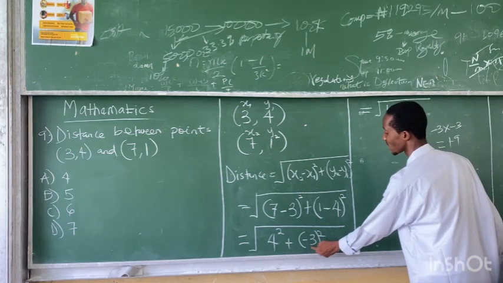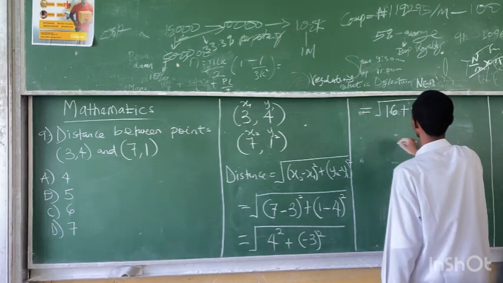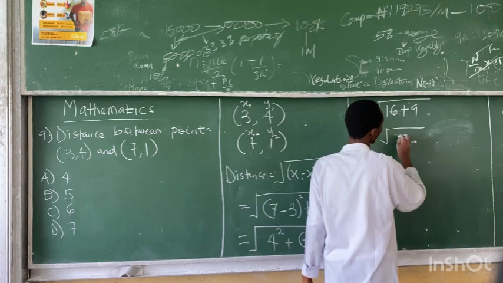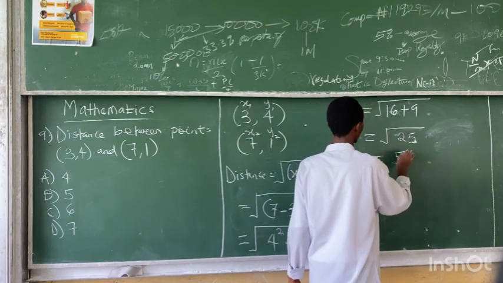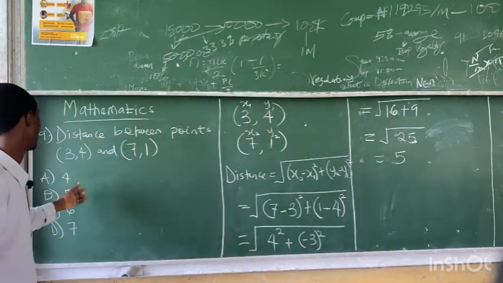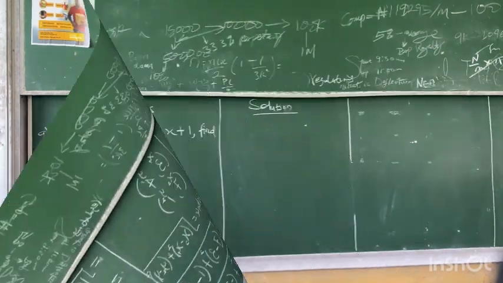So here we don't have minus 9, what we have is plus 9. 16 plus 9 will give us 25. Square root of 25 is equal to 5. Therefore, the distance between these 2 points is what? 5. So the correct option here is option B, 5.